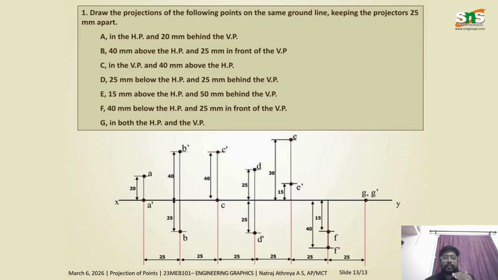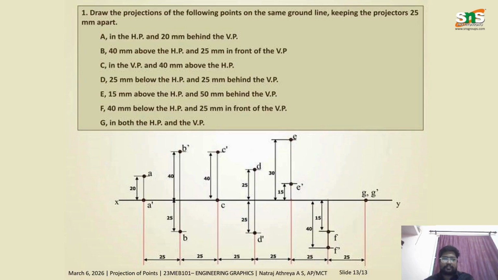If it is below HP, it is considered negative, so it is below the reference line. Coming to vertical plane, the options are either in front of VP or behind VP. Here it is opposite. If it is in front of VP, it is below the reference line. If it is behind VP, it is above the reference line.